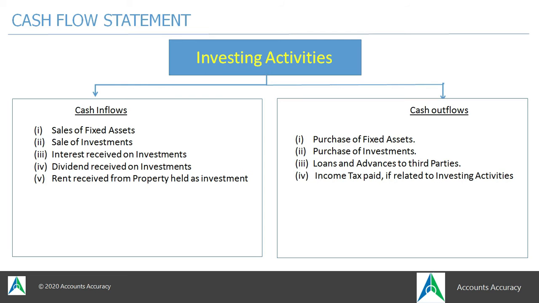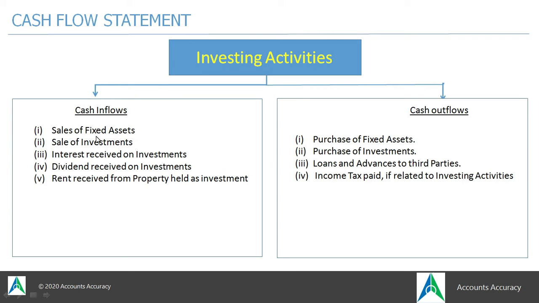Now come to next, that is investing activity. In investing activity there is inflow as well as outflow. Investing means the company has invested cash in the securities of another company. Here the sale of fixed assets, sale of investment.